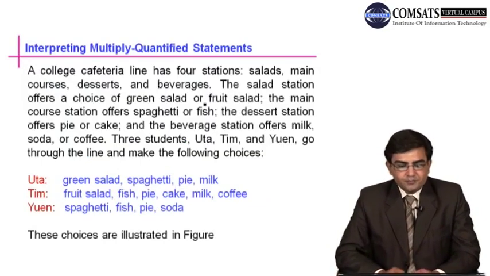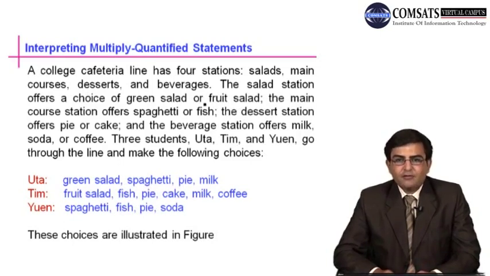Now, how to interpret multiply quantified statements, and in what situations do these multiple quantifiers, that is for all and there exists, occur? For example, a college cafeteria line has 4 stations: salad, main courses, or you can say principal dishes, desserts and beverages.